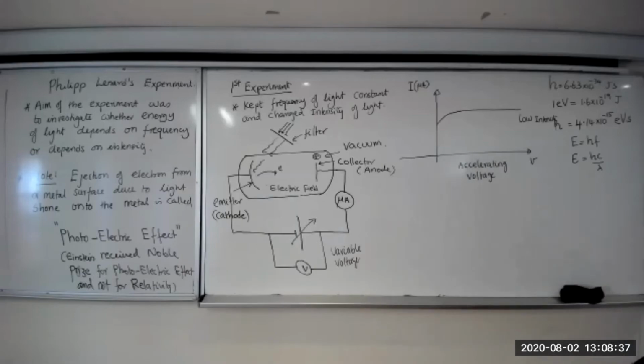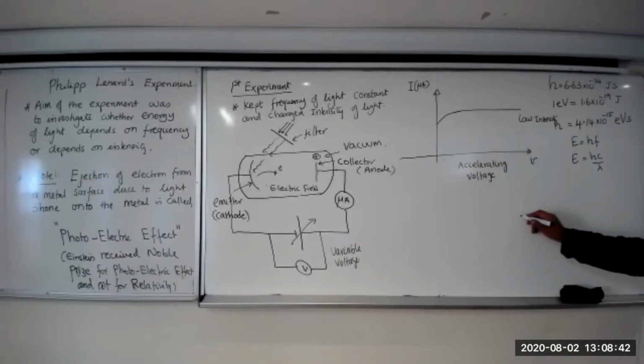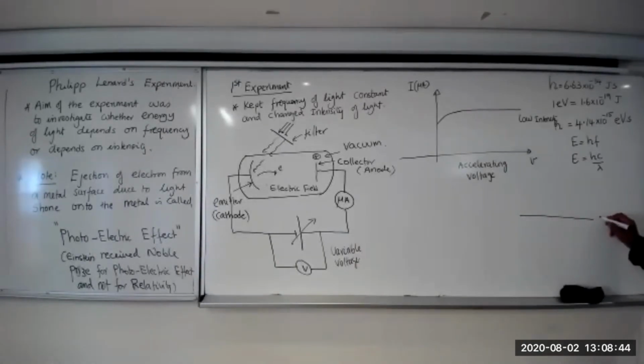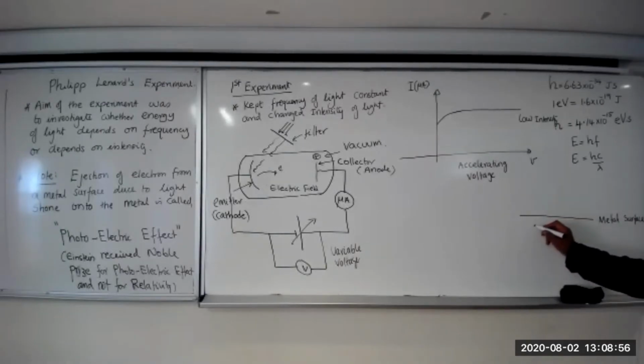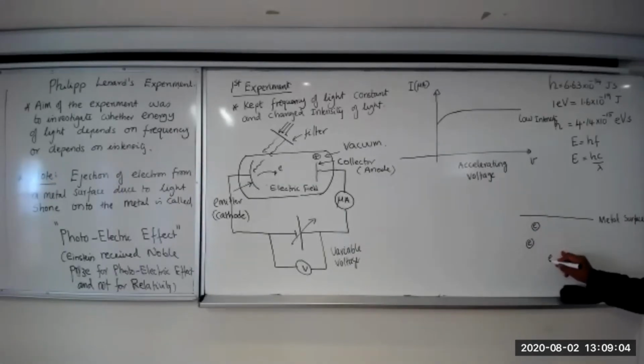Okay, before we talked about reverse potential, can I get your attention, guys? This is the metal surface. Think about this simple model here. Let's say electrons are buried at different levels. Some of the electrons are easy to ionize, take it out.